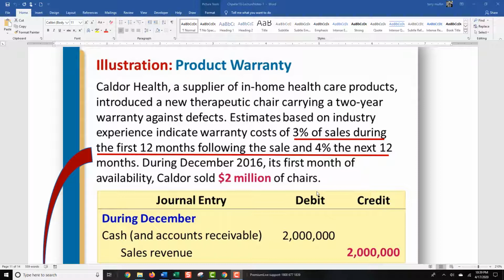So the company that sells you the phone has to give you a warranty for you to buy it. In this example, they estimate that 3% of the sales during the first 12 months following the sale and 4% for the next 12 months.